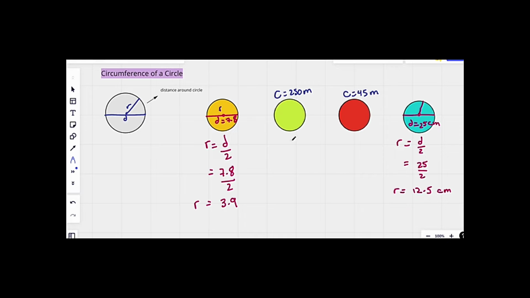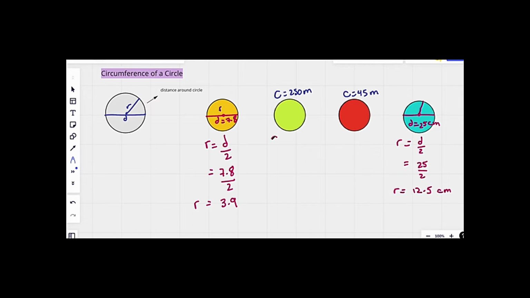Okay, now we've got two different questions here. In this case, we're not given a diameter, we're not given a radius, we've been given the circumference, and we are calculating the radius for it. In order to do that, we first need to calculate the diameter, right? Because we don't know the radius unless we know the diameter, because the radius is half of whatever the diameter is. So how did we say we calculate the diameter when we've been given a circumference?